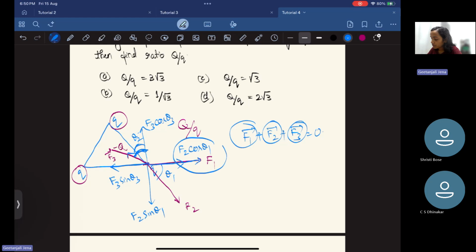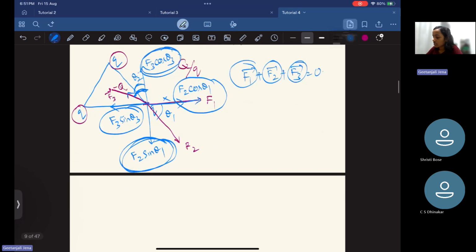So F1 and F2 cos theta 1 will cancel with F3 sin theta 3, and F2 sin theta 1 will cancel with F3 cos theta 3. Instead of cancelling the x terms, for y you need to calculate only two terms. So better take the y term to get the answer quickly.